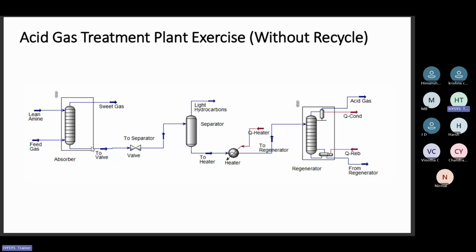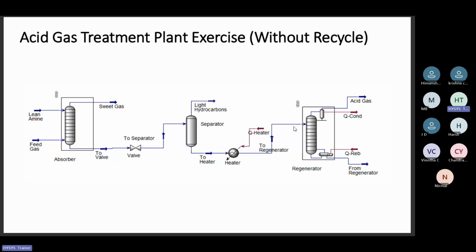The bottoms will be passed through a valve just to give the required pressure to a separator. The function of this separator is to remove the light hydrocarbons, if any, and pass the amine to this heater, where it is preheated before it is passed through a regenerator, which is basically a distillation column, from where you can see that these acid gases are taken out, and this is the lean amine stream, which is again recycled back.